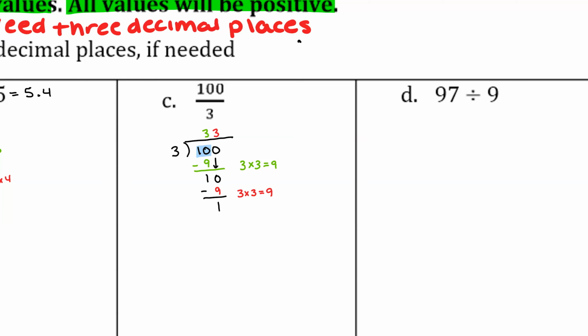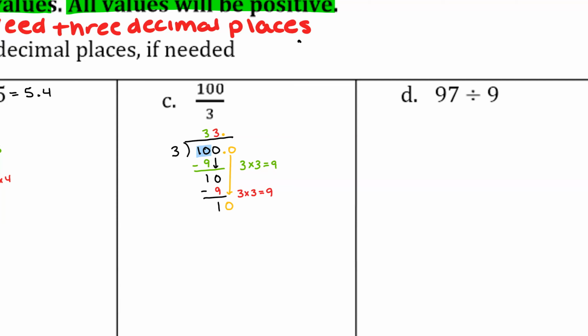Now, 3 can't go into 1, and I don't have any more numbers to bring down. So I'm going to add some more numbers to bring down. I'm going to add a decimal place, which you put in the dividend and the quotient. And then I'm going to tack on a 0, and I'm going to bring that down. So I have 10.